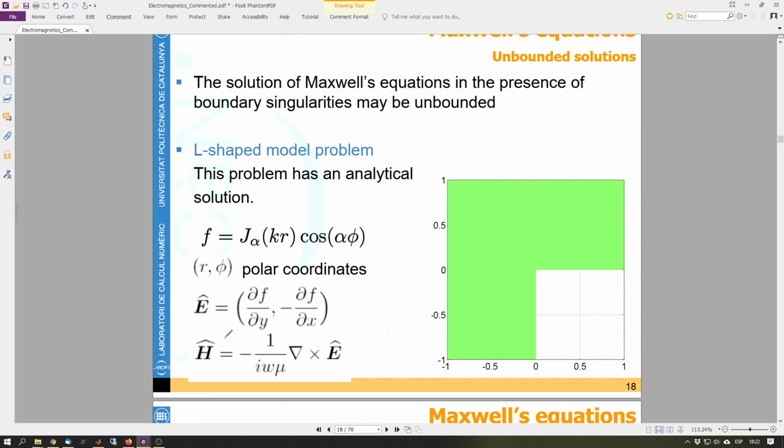And because of the harmonic assumption, we don't have the time derivative. This is the Maxwell equation for the magnetic field, but with the time derivative replaced by i omega with a minus. And that would be the resulting equation.